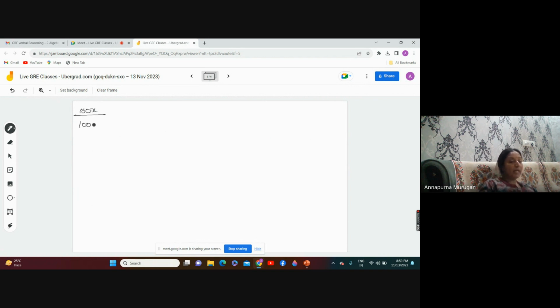100x by 100 minus x is again used when the price of an item goes down, in the sense it decreases, by x%.